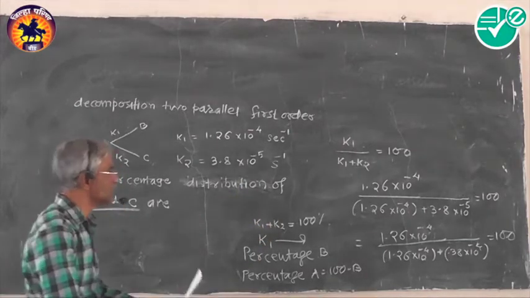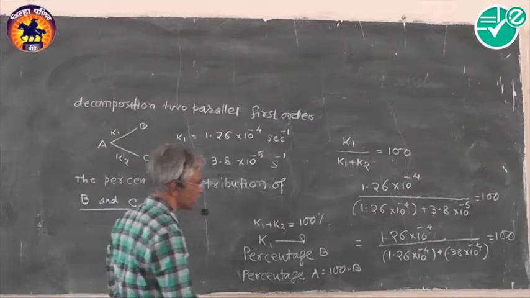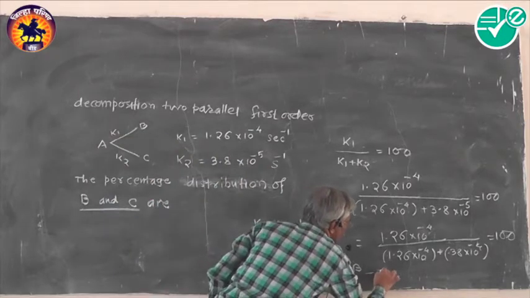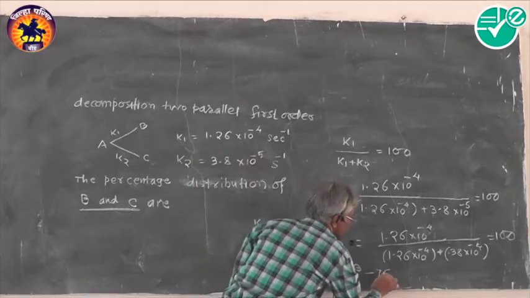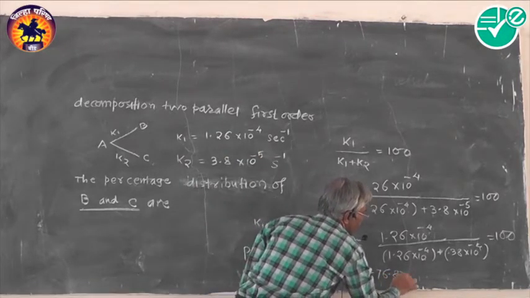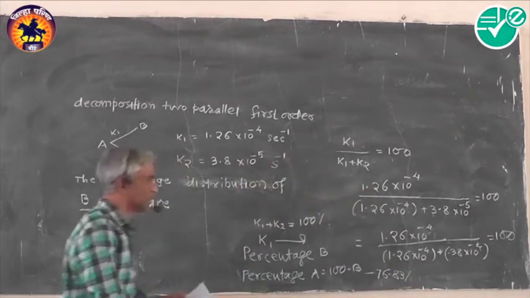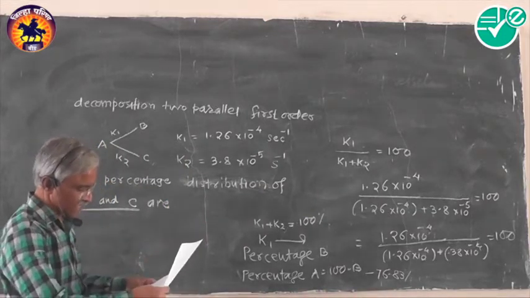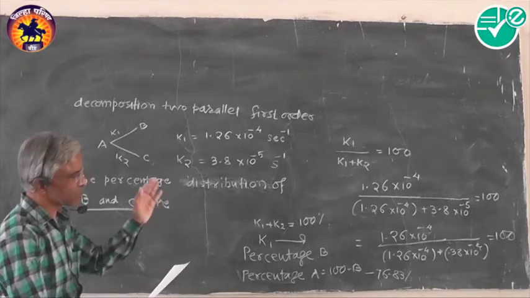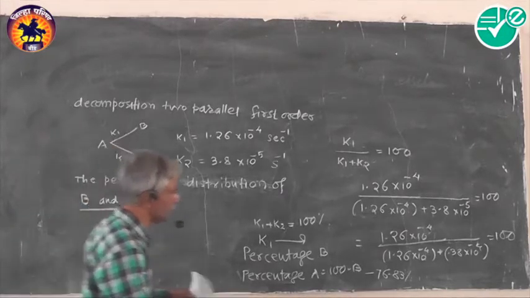Now you calculate it, and the percentage of B is found to be 76.83. You may not calculate perfectly, but even by guess we can calculate this. The 10 raised to minus 4 will be cancelled.